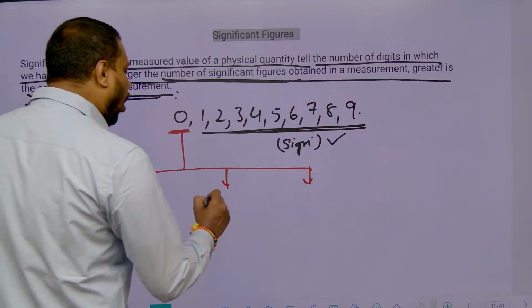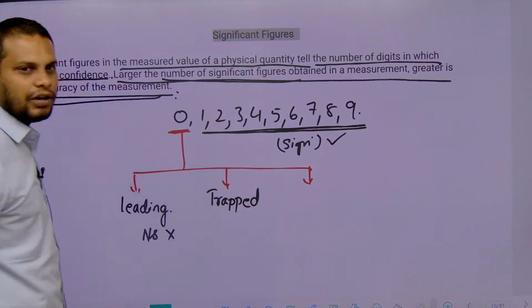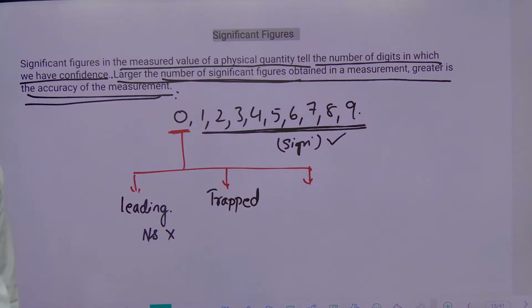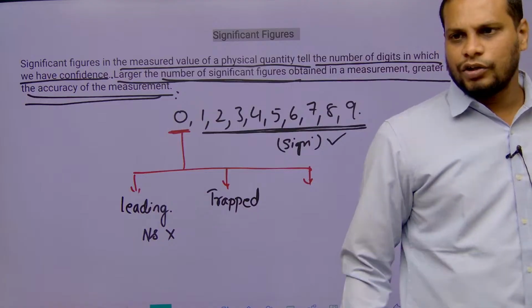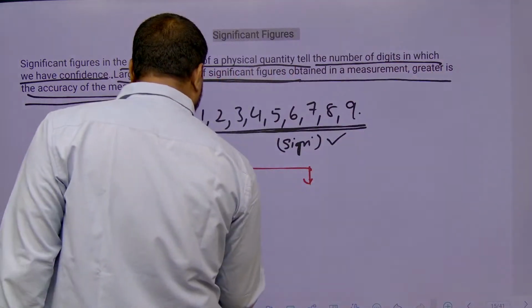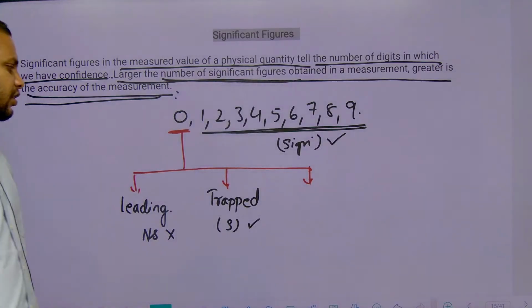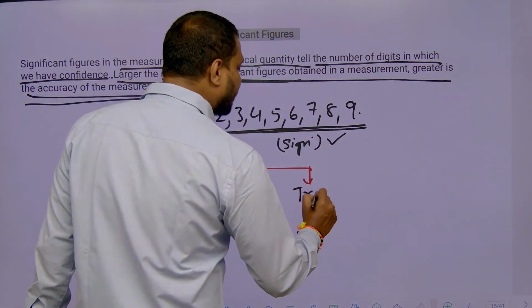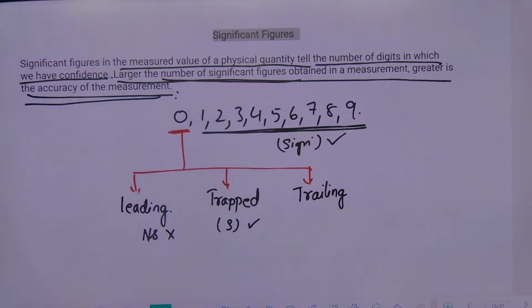Now, trapped zeros. Whether it is with a decimal or without a decimal, it doesn't matter. If zeros got trapped, those are significant and we have to count those digits. Are you clear? Then one more, trailing zeros. Trailing zeros means these zeros appear at the end.